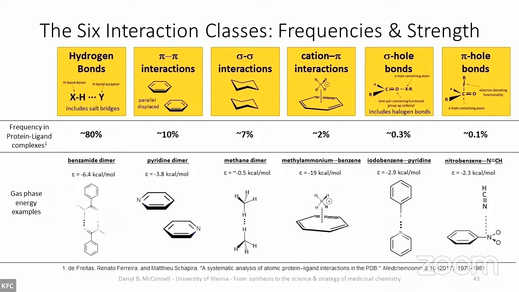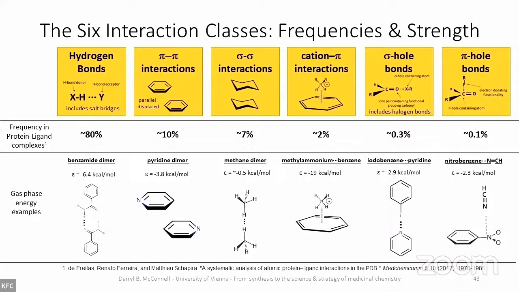Another one is the pi-pi interaction, which is parallel displaced, and that's part of the dispersion interaction as well. Then we have sigma-sigma interactions. Again, this is a dispersion thing, and it's a quite small interaction energy. Then we have cation-pi interactions, which occur in only approximately 2% of the complexes, but are stronger than those, so it's usually quite specific.